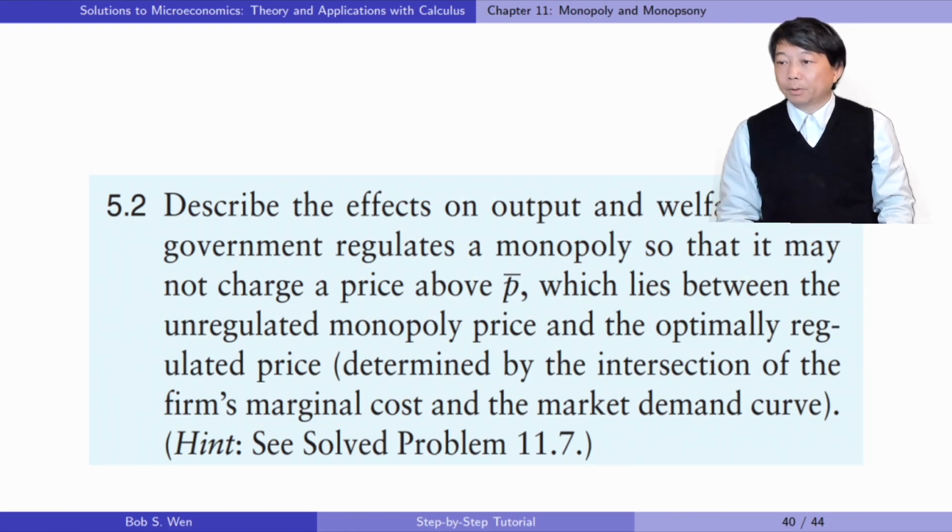Let's solve exercise 5.2. Describe the effects on output and welfare if the government regulates a monopoly so that it may not charge a price above P, which lies between the unregulated monopoly price and the optimally regulated price, determined by the intersection of the firm's marginal cost and the market demand curve.